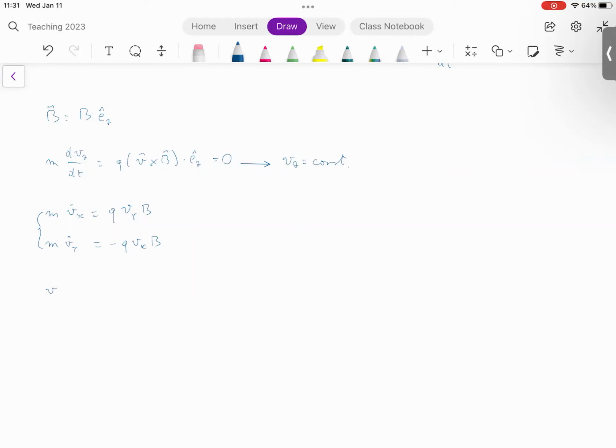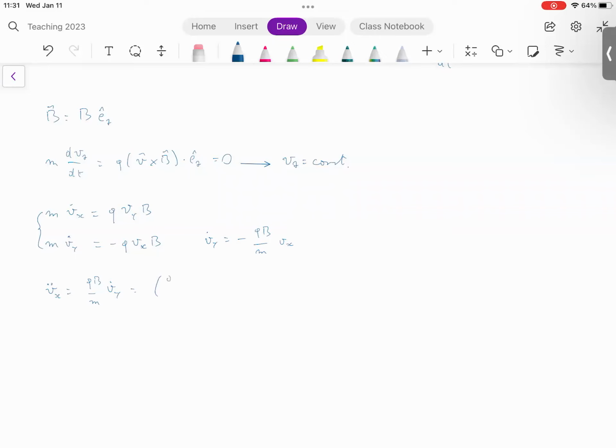You know what we do. We take the time derivative of either one of the equations, let's say the first one. Then v_x double dot is equal to qB divided by m times v_y dot. But v_y dot I can get from here, it's minus qB over m times v_x.